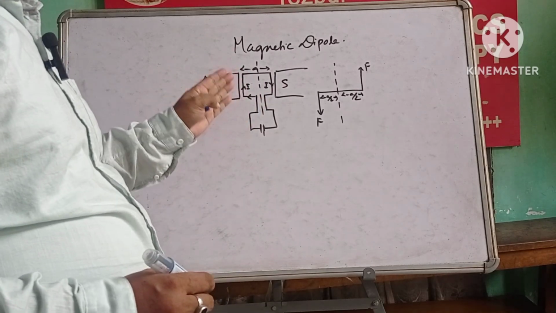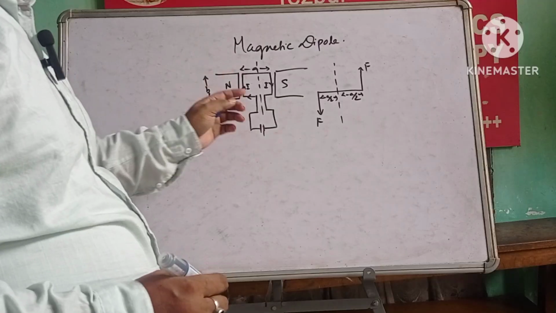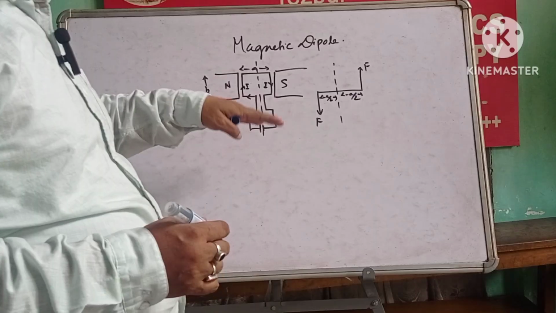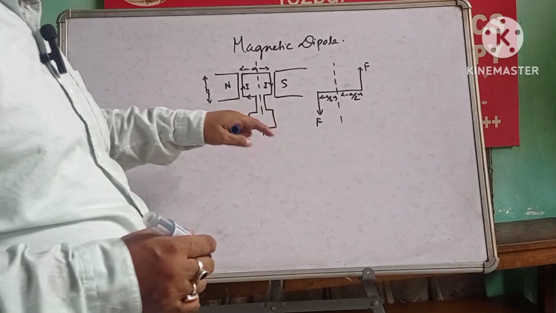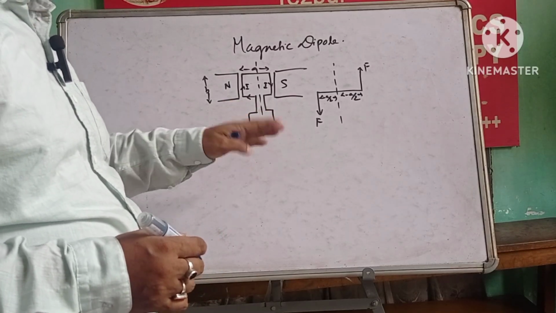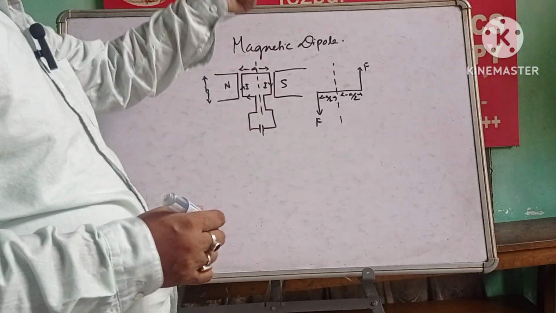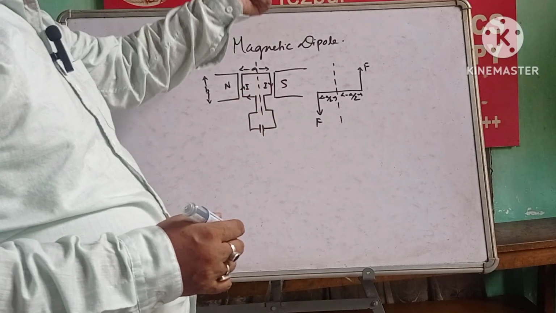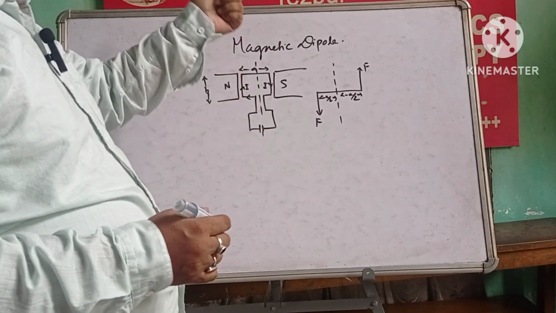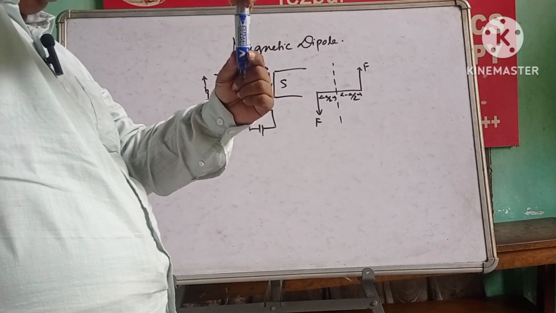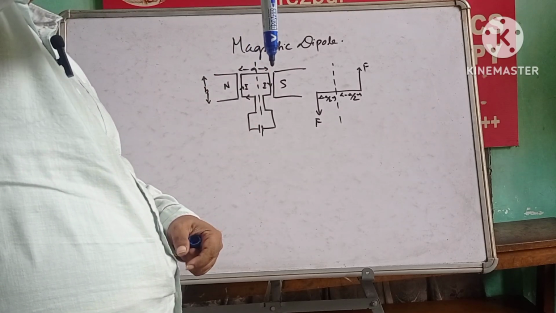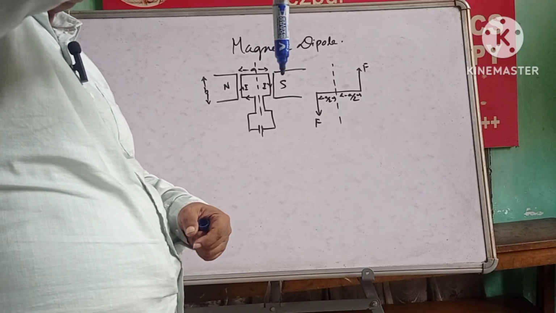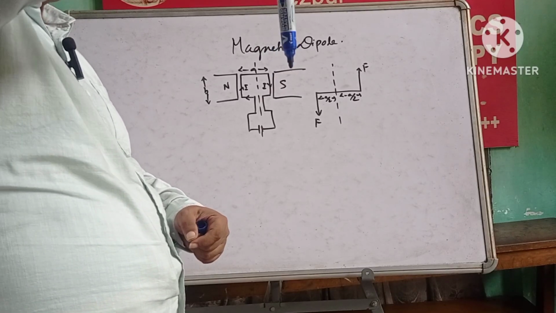So here you see, in the electric dipole, your torque was perpendicular to the plane containing q and E. If the plane is on the paper, then your torque will act perpendicular, upward, to the plane, and that torque will try to rotate the dipole either clockwise or anti-clockwise.